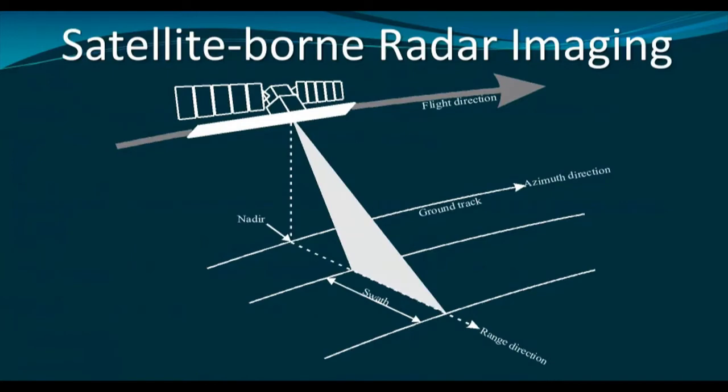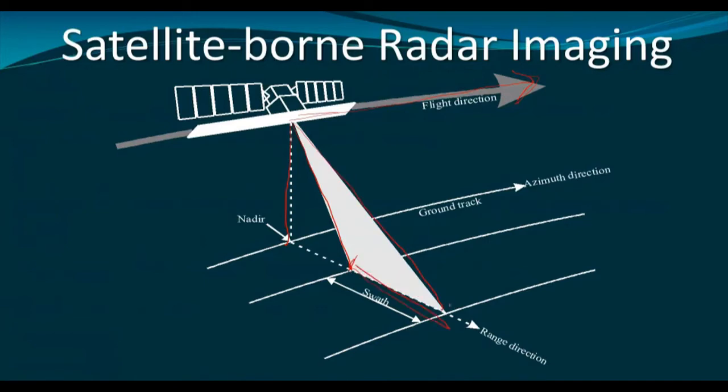Now, this is the geometry for satellite-borne radar imaging, and as you know, it is very similar, actually identical, not almost identical, exactly identical to the geometry that we discussed earlier for the aerial platform. This is the platform that is moving in this direction, this is the flight direction, this is the nadir point, and the sensor looks off the nadir, and this is the swath.